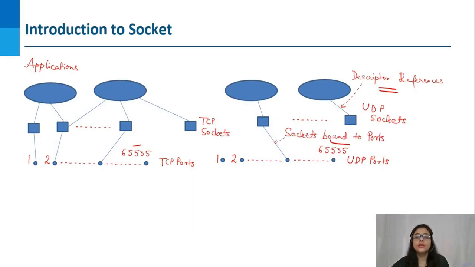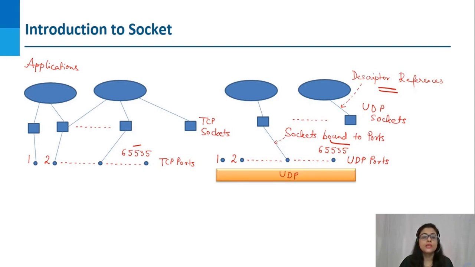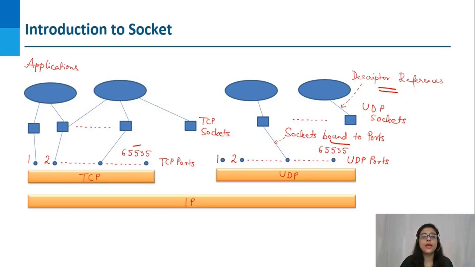Now, these UDP sockets or the TCP sockets are bound to the ports. So this is the UDP layer, this is the TCP layer, and below we have the IP layer, which is the network layer. So this is the overall representation of how a socket looks like and what is its place in the OSI model.